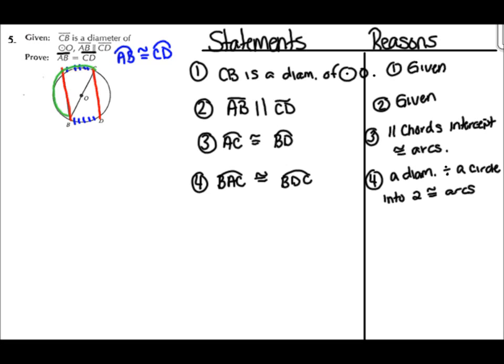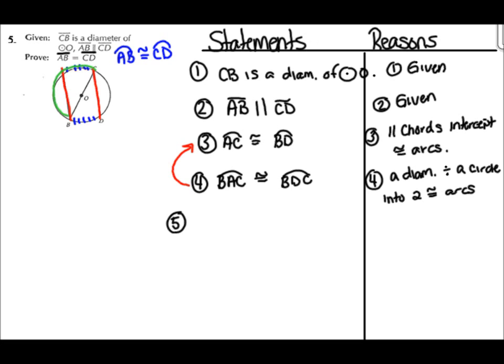Hopefully you're starting to think that you can use the subtraction property. We can take the arc that I have listed out in green, BAC, and subtract away arc AC, that blue portion, and you'll be left with arc AB, which is the arc I want. So we're going to be subtracting line 4 from line 3. So let's see how that's going to work.